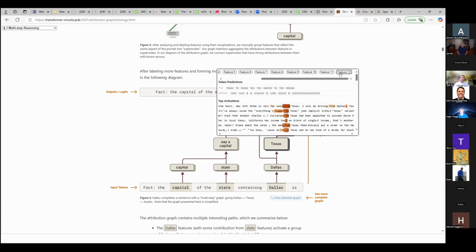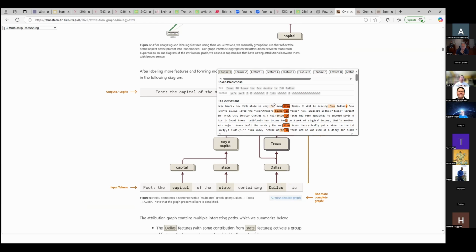Some of the features may be a lot of Texas, but it's really about two-syllable words or words beginning with capital T or words that end in a certain sound so that they rhyme with Texas. You know what I mean? It does not mean that these features are all 100% just the US state of Texas. But the good thing about this work is that they've really laid plain what they did so that anybody could verify and you can judge for yourself if you think that they stretched things.